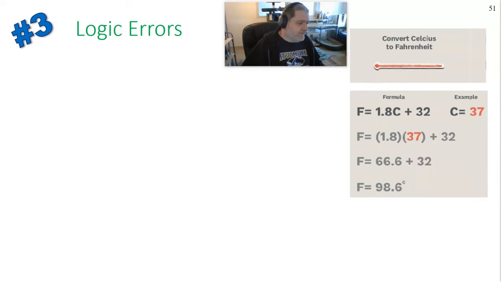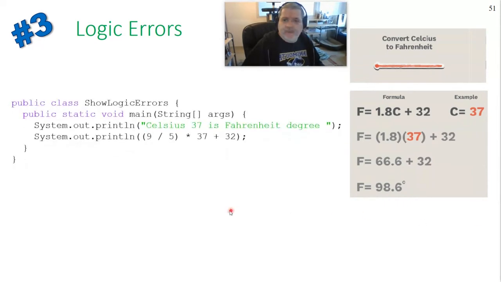Okay, so now I'm writing this code. Class definition, inside the class definition, main method definition, kind of like my println hello world. Celsius 37 is equivalent to this many Fahrenheit degrees. So a little message to let the user know what happens. And then an arithmetic formula. I try to display the result of evaluating that arithmetic formula: 1.8, which is 9 divided by 5, times 37 plus 32.